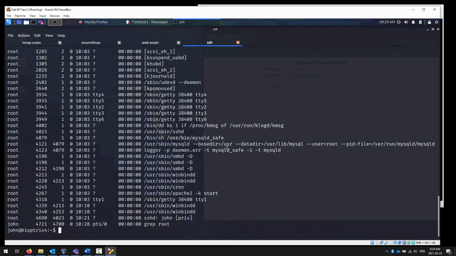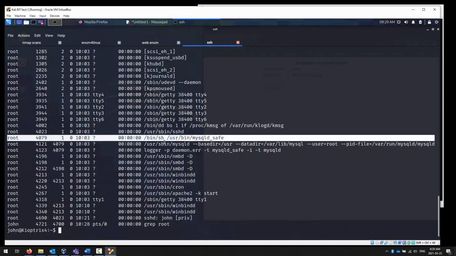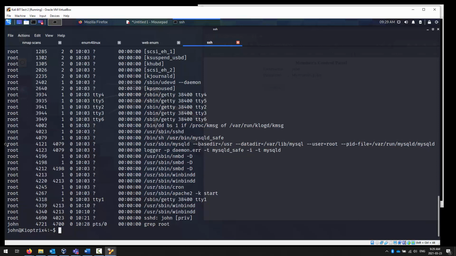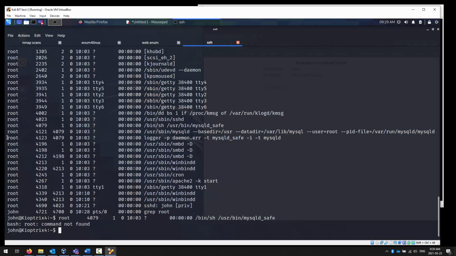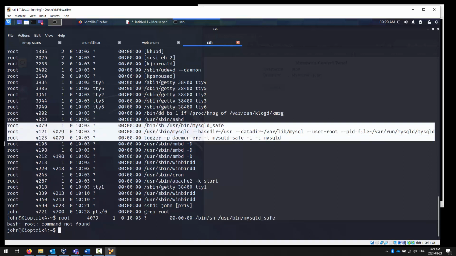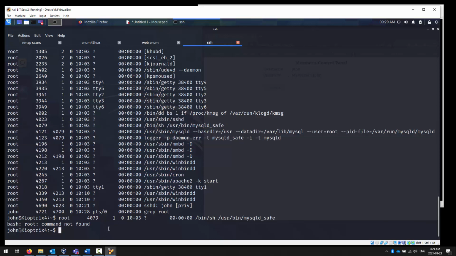There's also something else related to MySQL running as root, related to the same process, which is mysqld_safe, which is interesting. So there's all of this stuff related to MySQL running as root, and I really want to take a look at that.